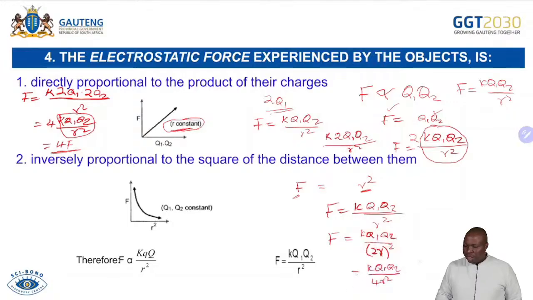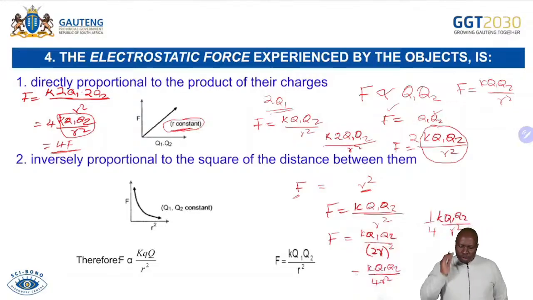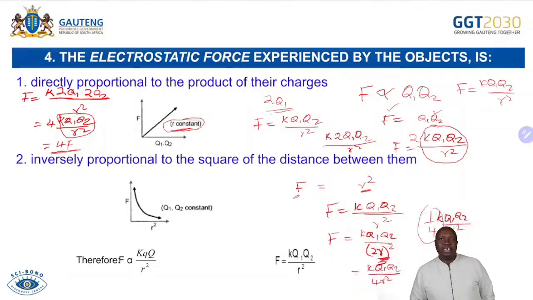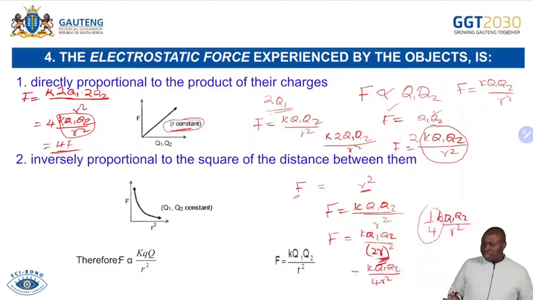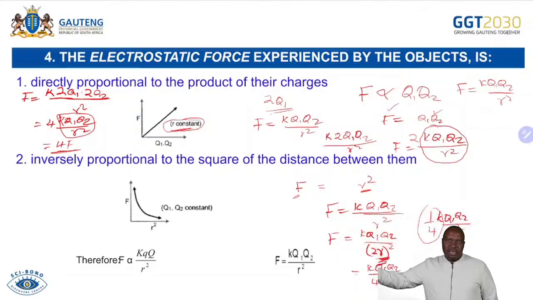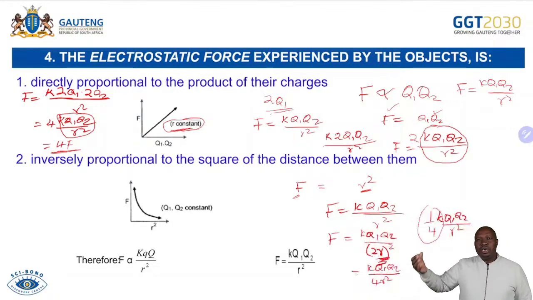We can simply take out the 1 over 4, and then you will have 1 over 4 times kQ1Q2 over r squared. So when we increase the distance between the charges, the force will decrease by a quarter, by a factor of 1 over 4. So as we increase the distance between the charges, the force decreases.